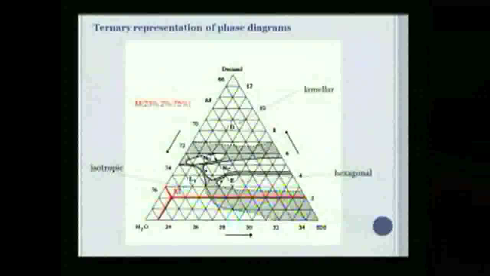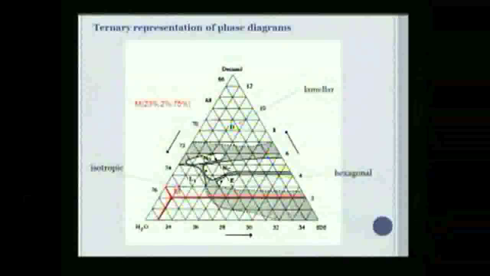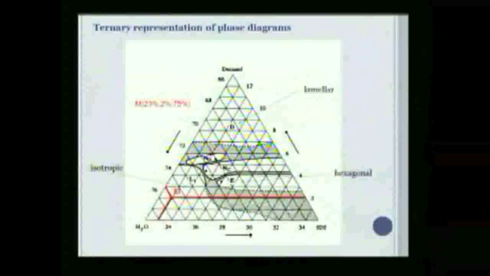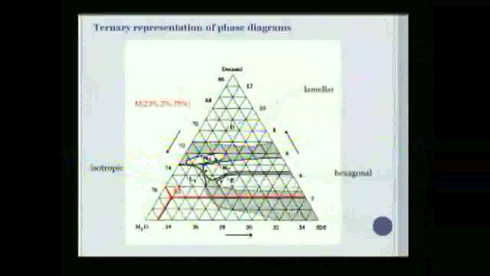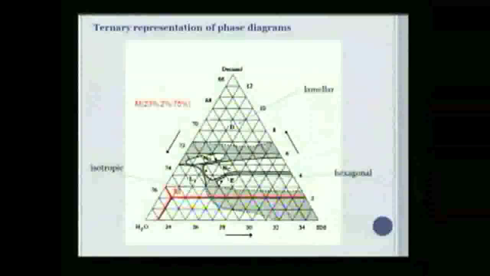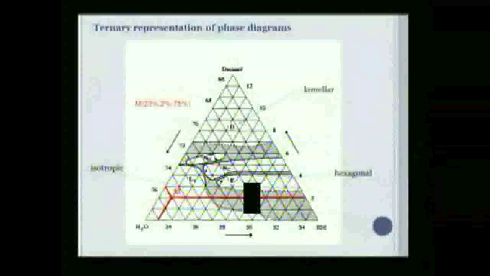In a disc you have two planes and a ring around the disc, but it's not so far from a lamellar phase. So when you go from this phase to this one, it's as if you diminish your curvature. So you are always going in the right direction, diminishing your curvature when you go in this direction.